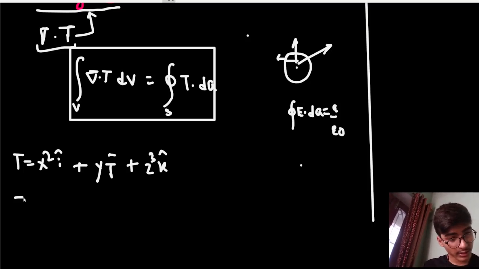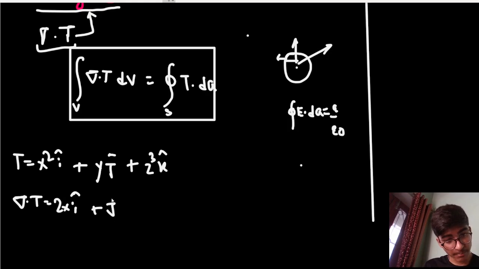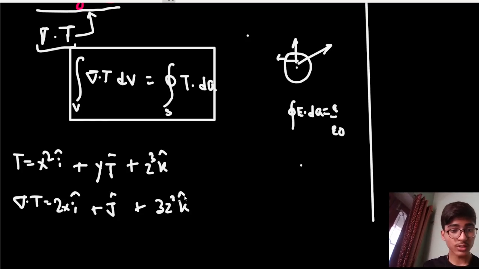If you take the divergence of this, what you will get is 2x i cap plus j cap plus 3z square k cap. So this is what you will get by taking the divergence of the T quantity.